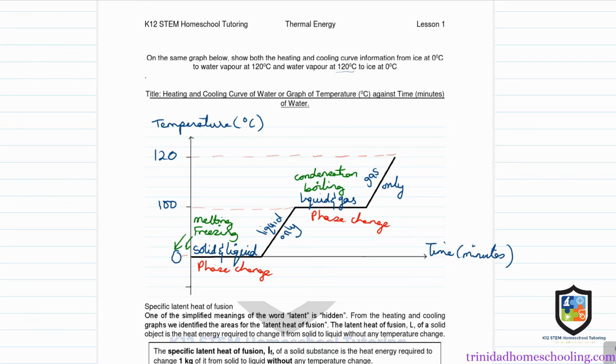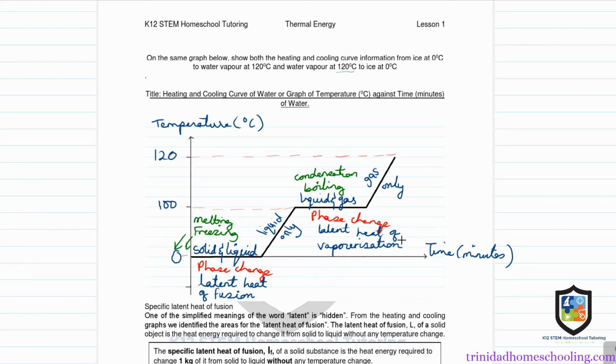Now there are some words that we need to know, and one more step to this. At the phase change, there is something called latent heat or latent energy. Okay, so latent heat, and this one here, where we have solid going to liquid, we call this the latent heat of fusion. And here, our phase change, we call this the latent heat of vaporization.